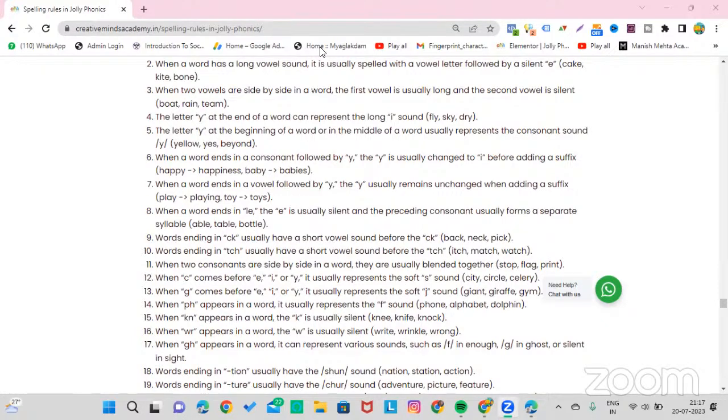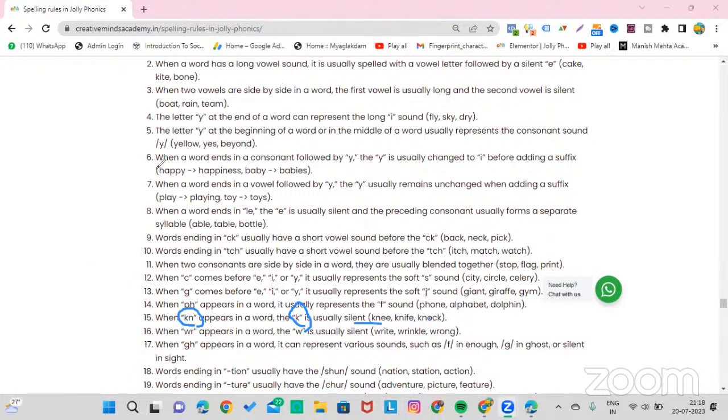Now, there are some silent letters. Whenever you have KN coming together, K is silent. So, in the words knee, knife, knock. Can you give me more examples of this?